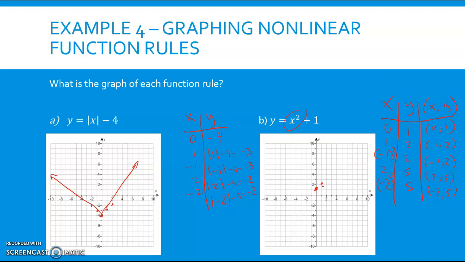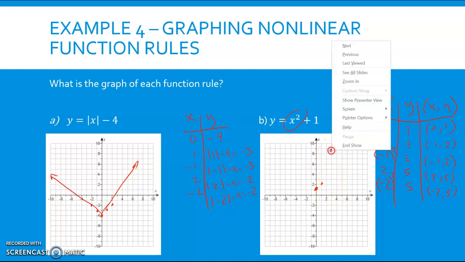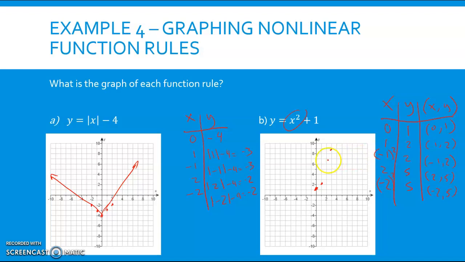It goes up to 9, so 3 will give us 9. Oh, sorry, plus 1. Give us 10, sorry. 10 is what I want. And then 2 will give us 5. So we have to add 1 to whatever that square is.